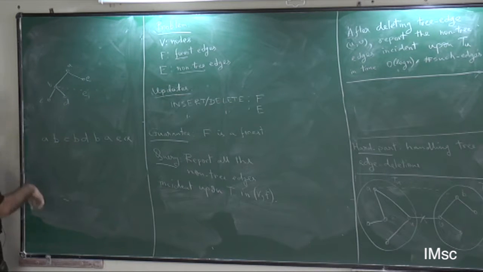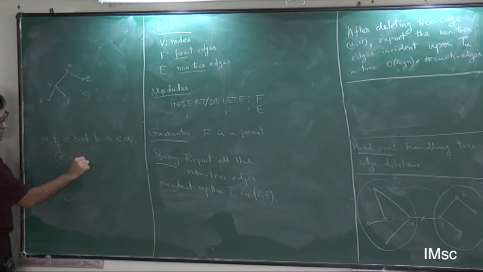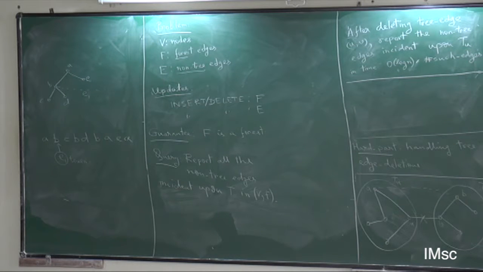What you do is, let us pick the first occurrence of B in this list, you just associate a token with it called E1. And suppose I delete this edge E1, what you do?